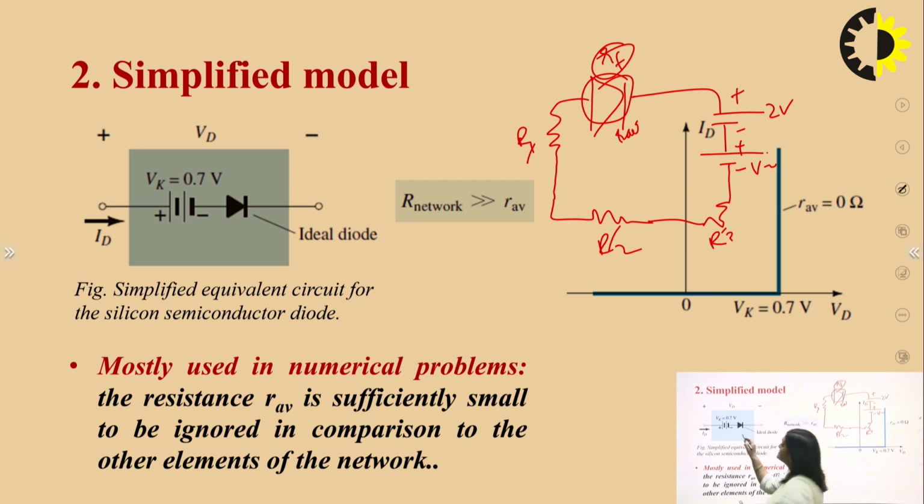So the equivalent circuit is the ideal diode connected with the knee voltage only, and the resistance has been removed. Generally in solving numericals we use this simplified model. For a silicon diode we place its knee voltage, so we replace the silicon diode with 0.7 volt in the numericals.